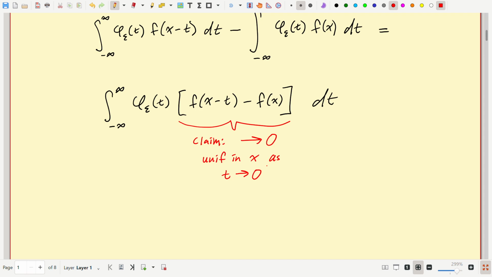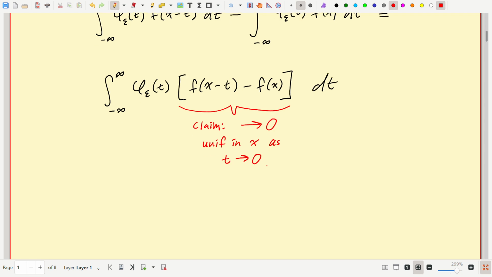Okay, why is that? This is a Schwartz function, so it goes to 0 at infinity really fast. So I can make it less than epsilon over 2.